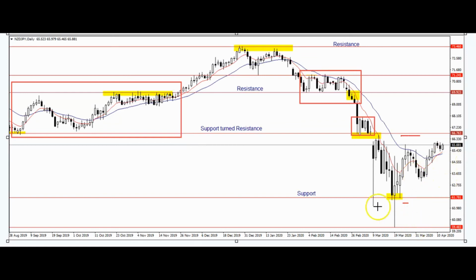Even though it's range bound, we do have the weight of a very dominant long-term downtrend on our side. So I'm just simply waiting for an opportunity to short this pair again somewhere around the 66763 and retarget the 61781 or thereabouts for our first take profit, and maybe even back down here to the 59483 or thereabouts.